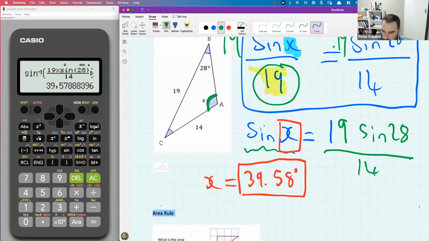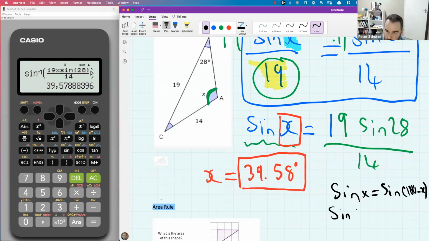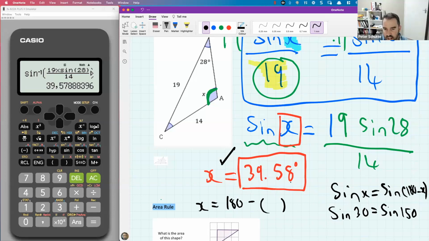That might sound a bit random, but another way of thinking about this is that the sine of 30 is equal to the sine of 150, or 180 minus 30. So whenever you solve for an angle with sine in the trig equation, it is possible to get another answer by going 180 minus whatever angle you found, and that will still give you the same answer.